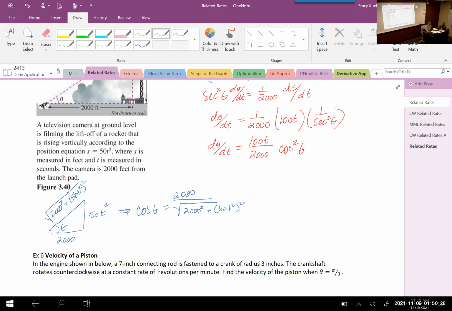So now I can come back to my formula and say, okay, d theta dt is equal to 100t over 2000 times cosine theta, which is 2000 over the square root of 2000 squared plus 50t squared.